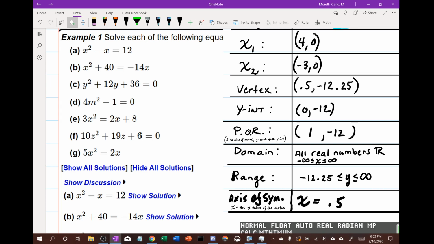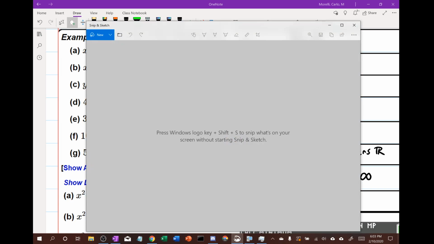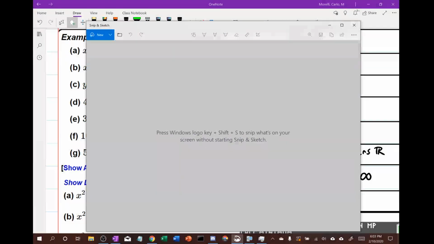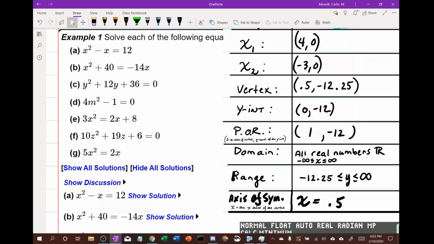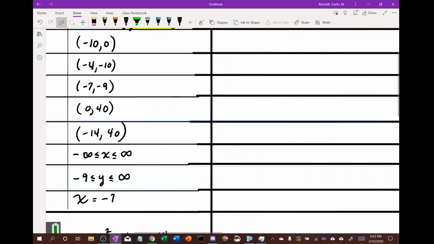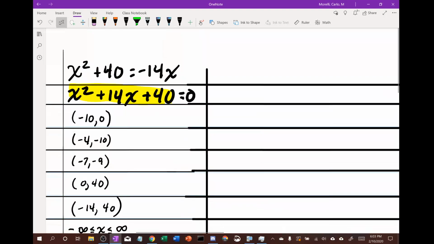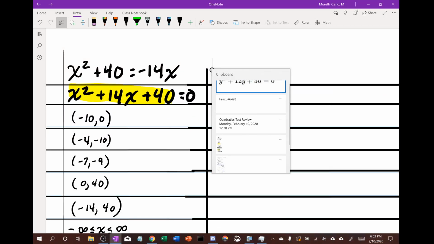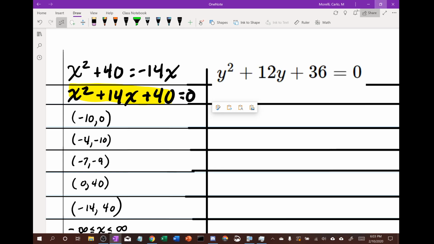So what I'm going to do here is do number C. Let me grab that and stick it. This is our original equation. And we'll put this one up here. Right here. All right, let me scale that a little bit.